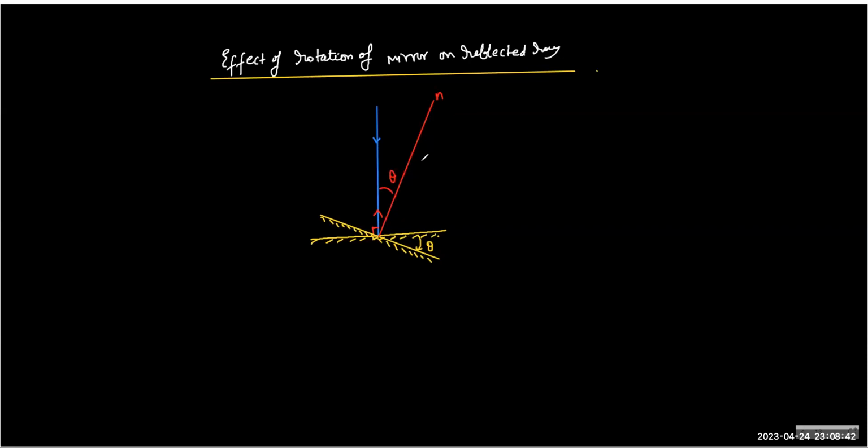So the same incident ray will go at this angle, theta again. Yes or no? So how much did the reflected light turn? 2 theta. So when you turn the mirror by theta, the reflected light will turn by 2 theta, and that too in the same sense, right? Yes.